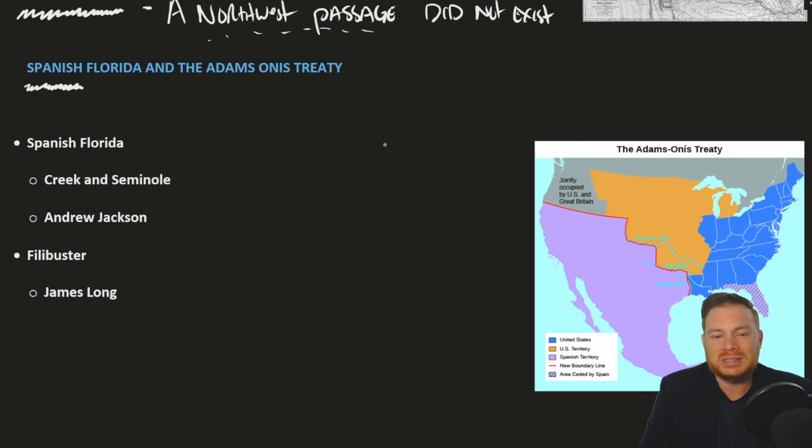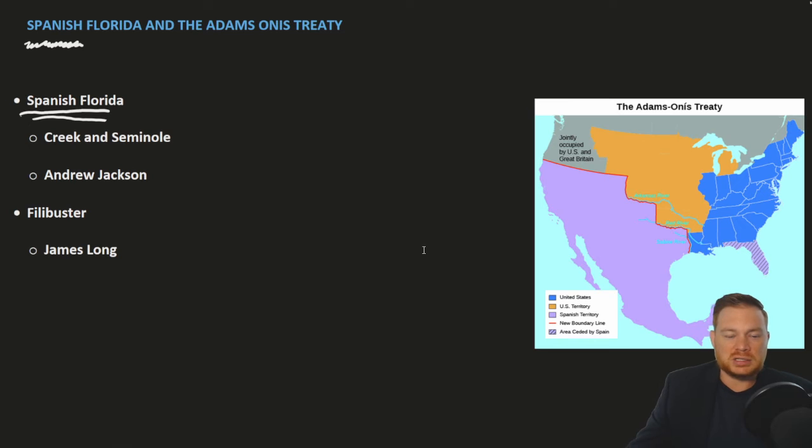So there had been some tension, you might say, between the United States and Spain, specifically over the territory of Florida. Now, conflict between Spain and the United States even predates the U.S. itself. There had been conflict between the English colonies and Spain even before America declared independence.